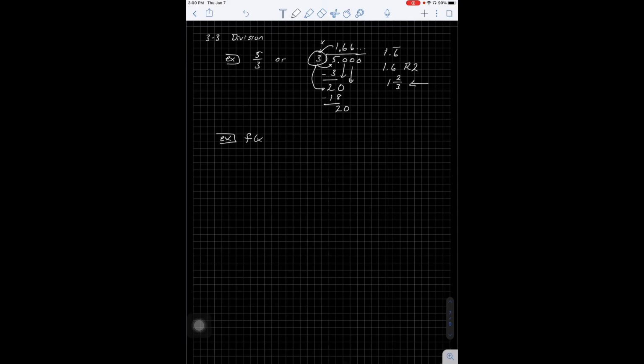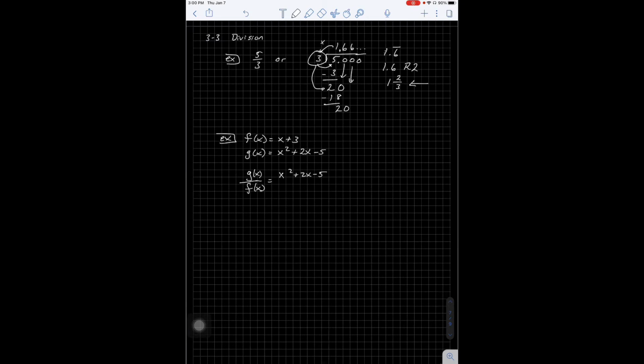Say we have f of x equals x plus 3 and g of x equals x squared plus 2x minus 5. And if I ask you what's g divided by f, what we did in chapter 2 is we just wrote it like this.